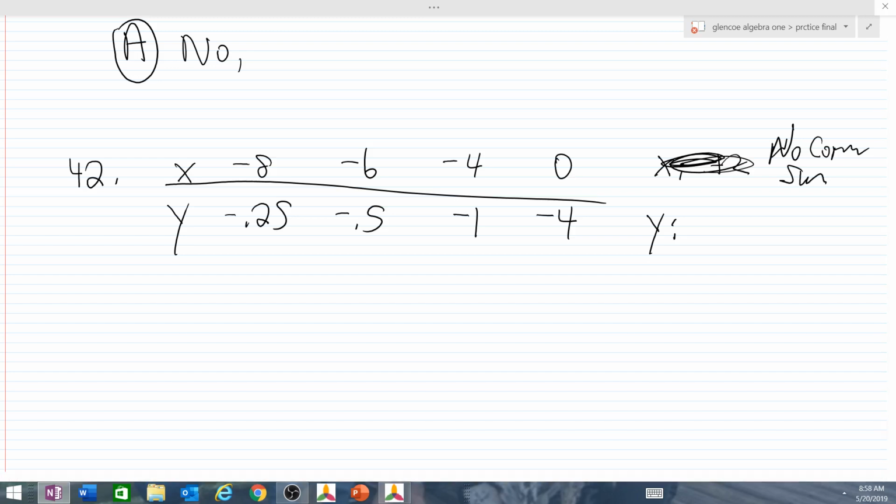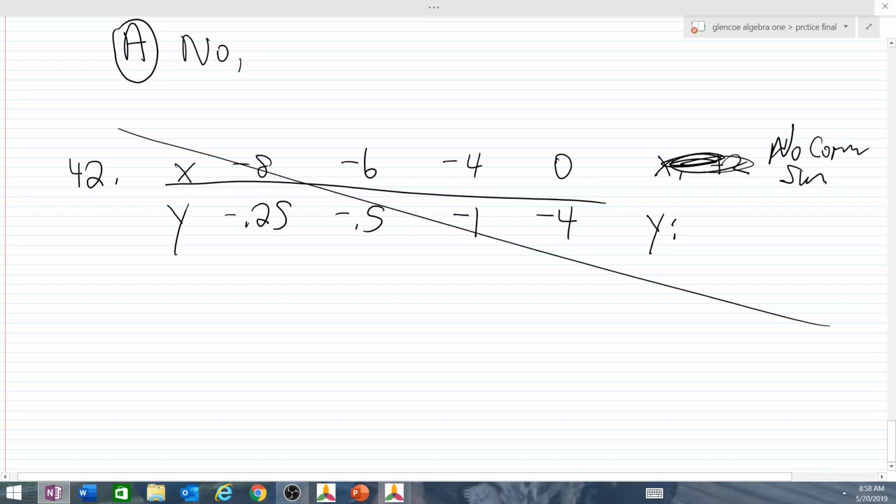Pardon? No. What are you doing to the bottom? Multiplying by what? I can't hear you. Okay. 42 is a bad problem, guys. There will not be anything like that. It'll be very straightforward. I apologize. Okay?